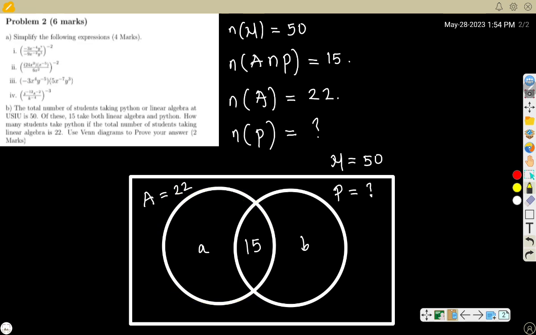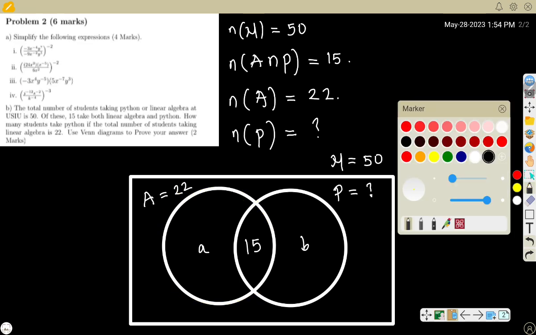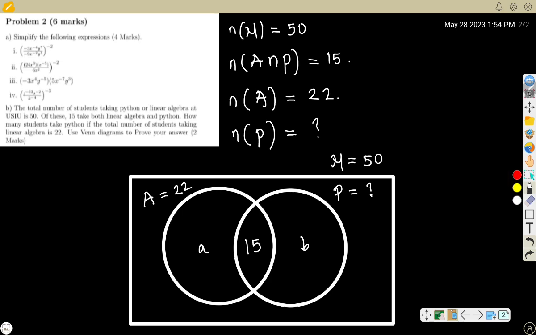So let's add everything equals to 22. So I have A plus 15 equals 22. So A equals 22 minus 15. A is equal to 7. That means this place is 7.